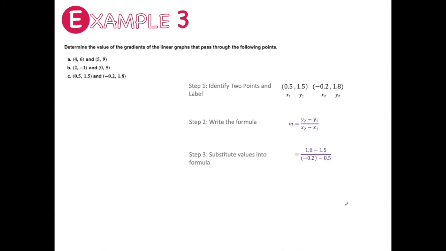So 1.8 minus 1.5 over negative 0.2 minus 0.5. So the last step, calculating the answer, 1.8 minus 1.5 is equal to 0.3. And that's going to be over negative 0.2 minus 0.5, which is negative 0.7. So my gradient is going to simplify to negative 3 over 7. So the gradient of C is going to be negative 3/7.